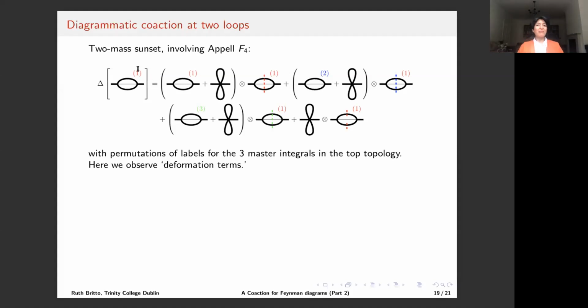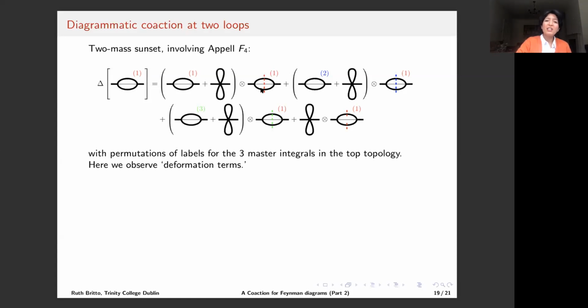So now I'm just being schematic here. So there are 3 masters. I'm not saying which is which, but again, we just introduced some numerators such that they're all pure. So those are identified by 1, 2, 3, those superscripts.